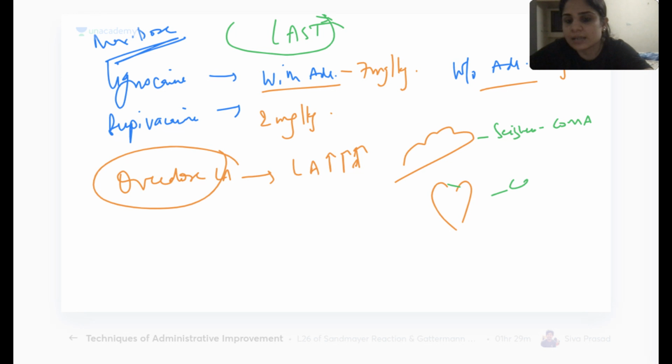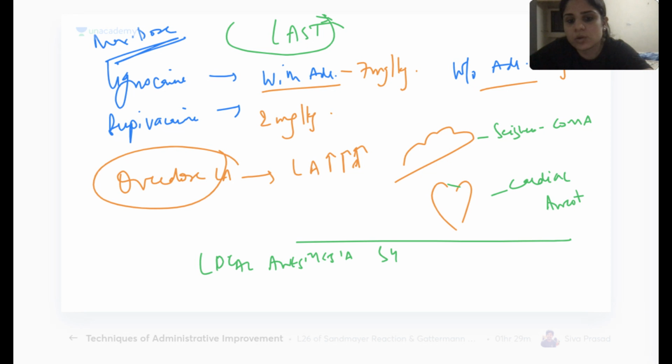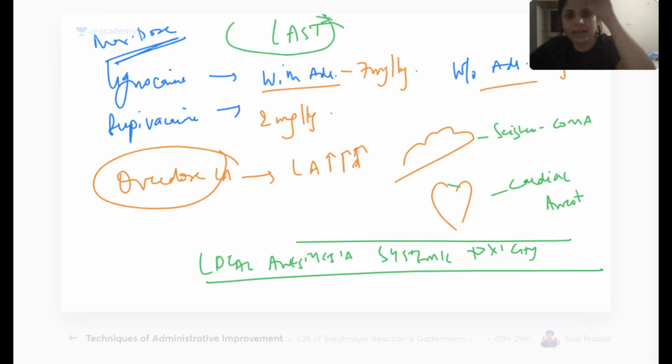When it goes to the heart, it causes cardiac arrest. So what can happen to my patient? This is called local anesthetic systemic toxicity. He is going into toxicity of the local anesthetic, and as a result he can die.